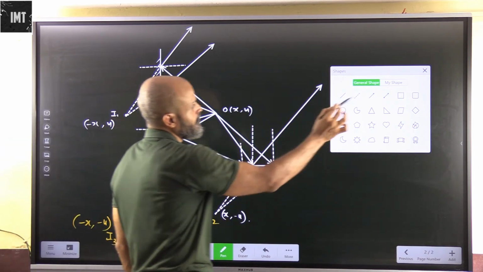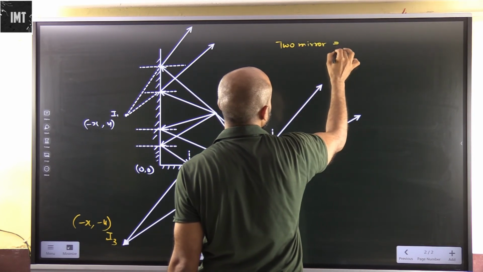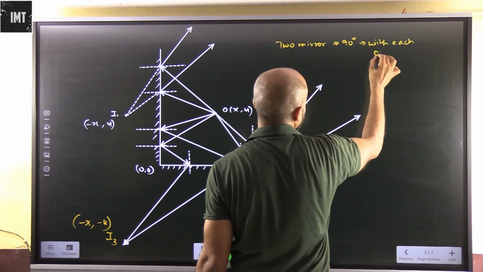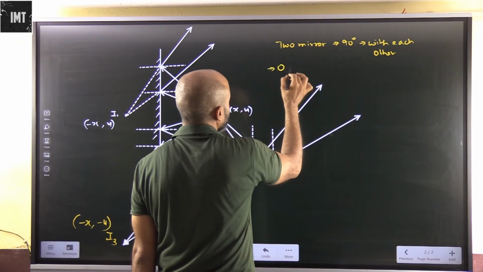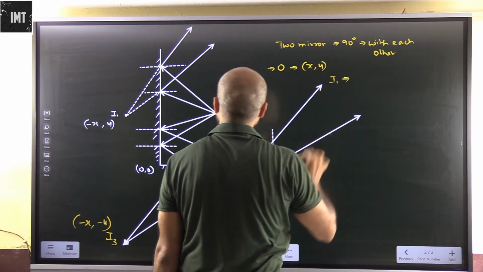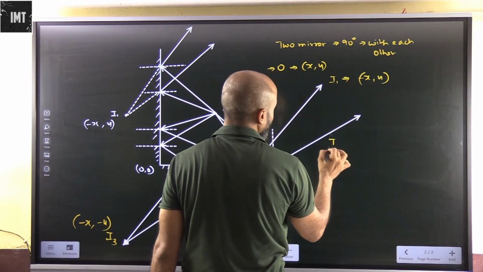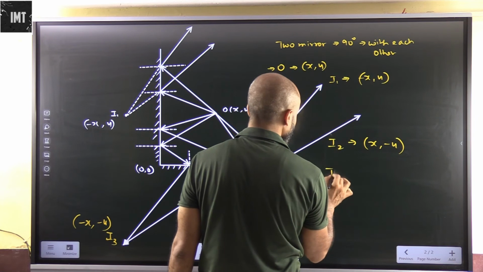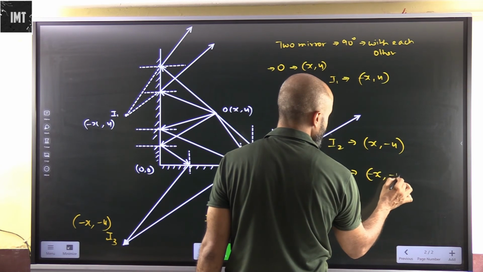So in case of two mirrors at an angle of 90 degrees with each other, and if the object has coordinates x, y, then there are three images: I1 which has coordinates minus x and y, then I2 which has coordinates x and minus y, and then I3 which has coordinates minus x and minus y.